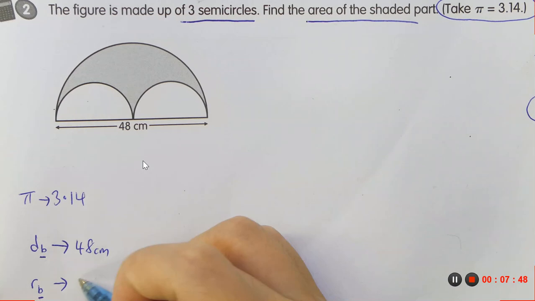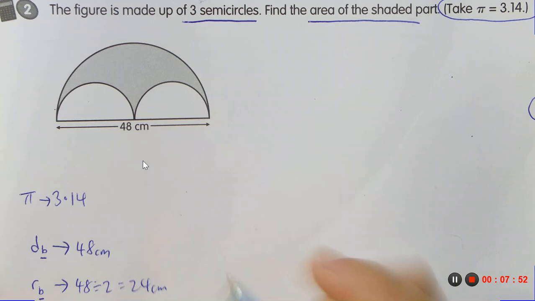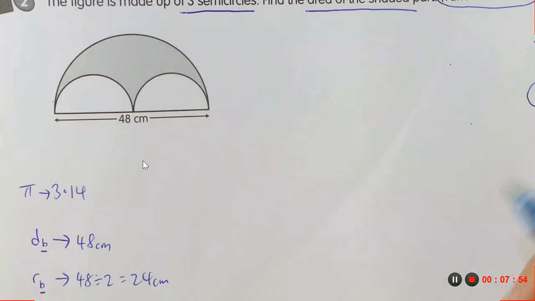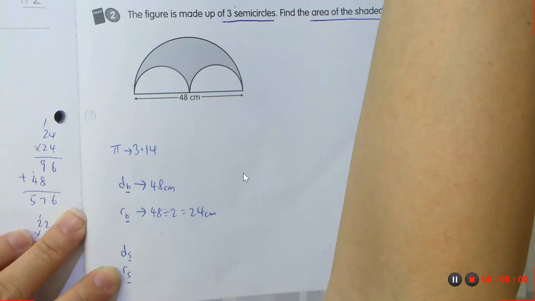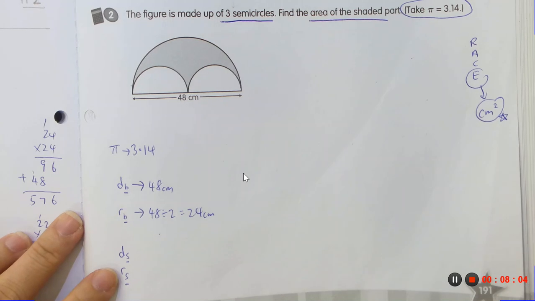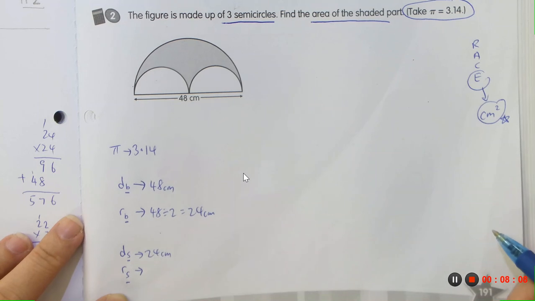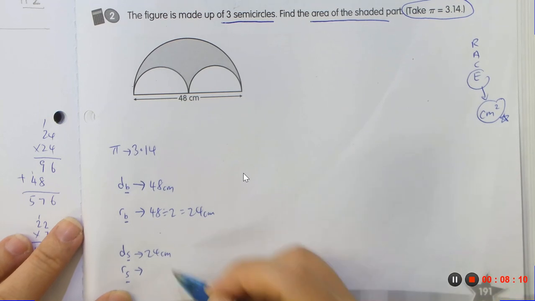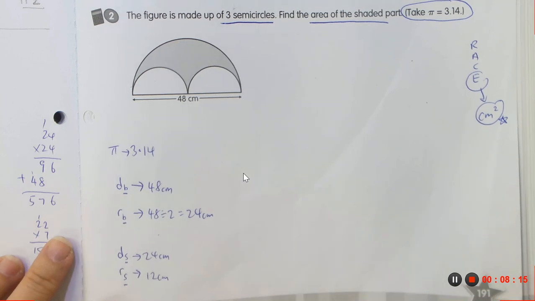Okay, 48 divided by 2, 24 centimeter. Moving on. Tashin, what is the diameter of the small semicircle? 24 centimeter. What is the radius of the small semicircle? 12 centimeter. Does this make sense to you?